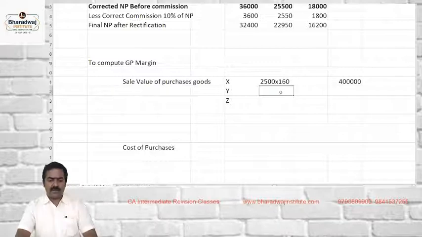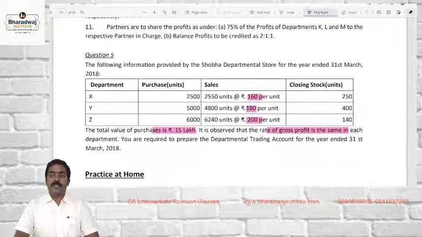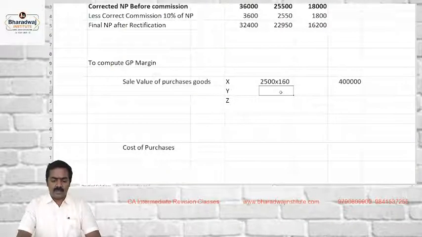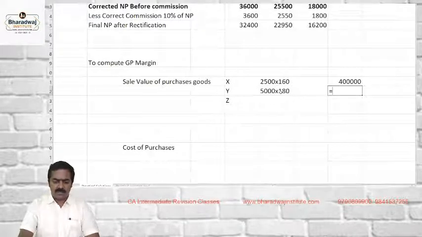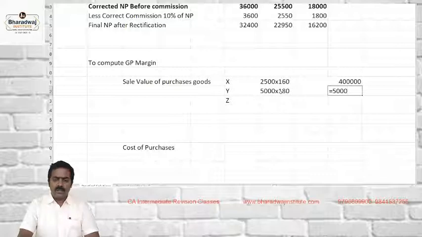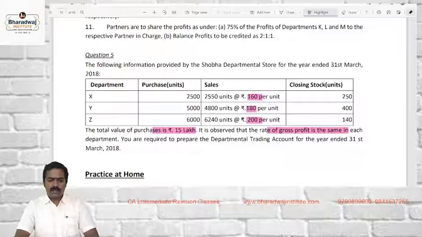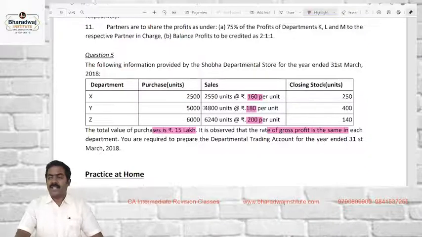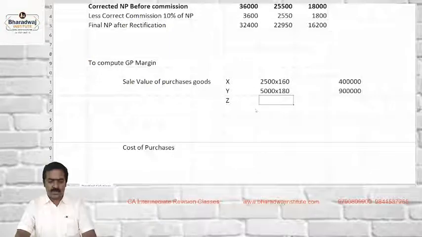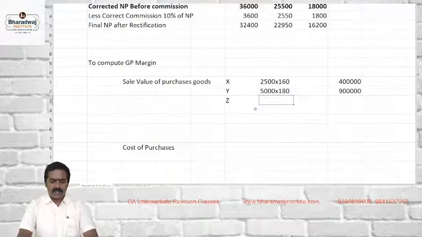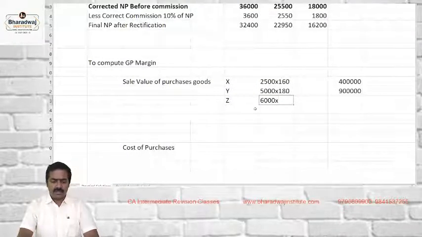Same way for Y: 5,000 units into 180. Don't take sales. We are working out the sale value of purchased goods. Then for Z, 6,000 into 200.